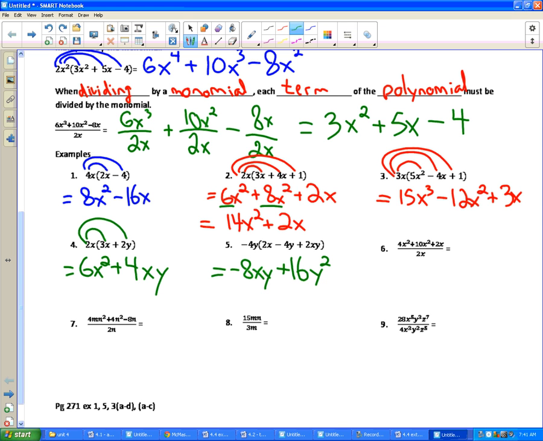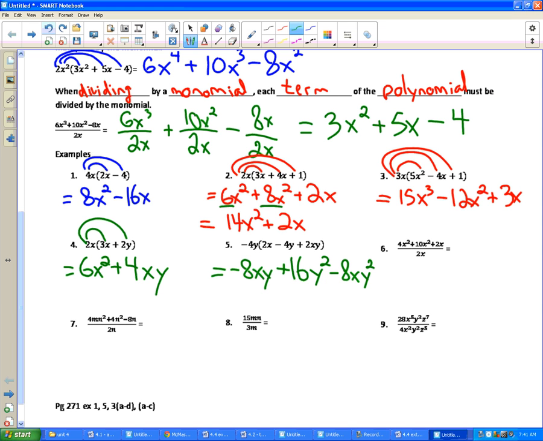And then we do the next one. We have negative 4y times 2xy. This is a little bit weird because this term here has two variables in it. But we know how to do things with two variables. We'll just say, okay, we know it's going to be a negative. 4 times 2 is 8. We've got 1x. We can multiply our y's together, and we actually get y squared. And we can leave it like that.